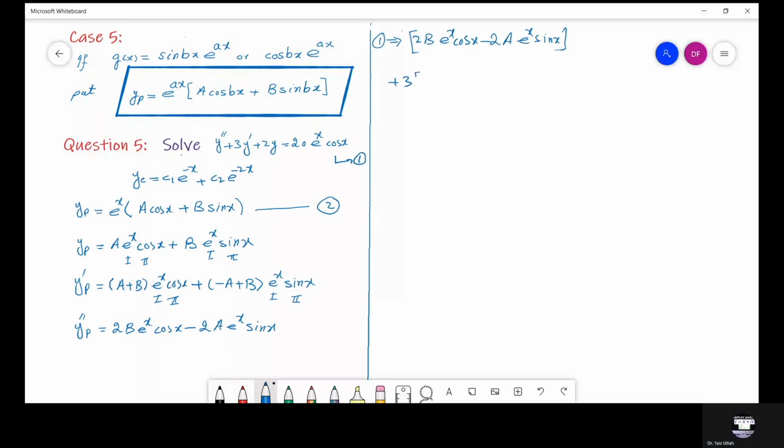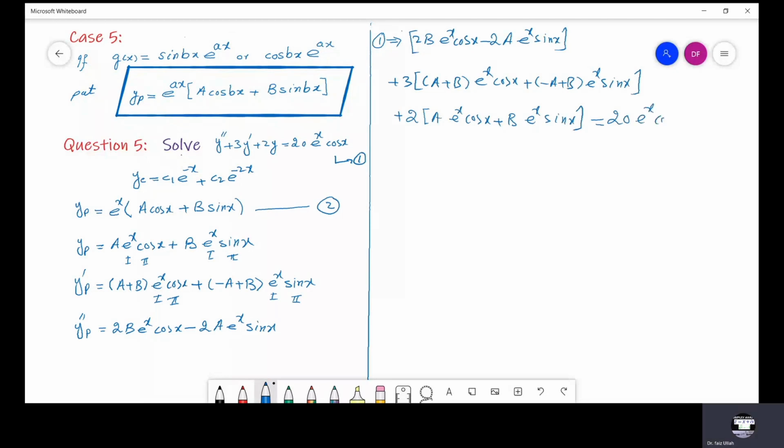Y dash is (a plus b) into e power x cos x plus (minus a plus b) e power x sine x plus 2y, and y is a e power x cos x plus b e power x sine x, which is equal to 20 e power x cos x.